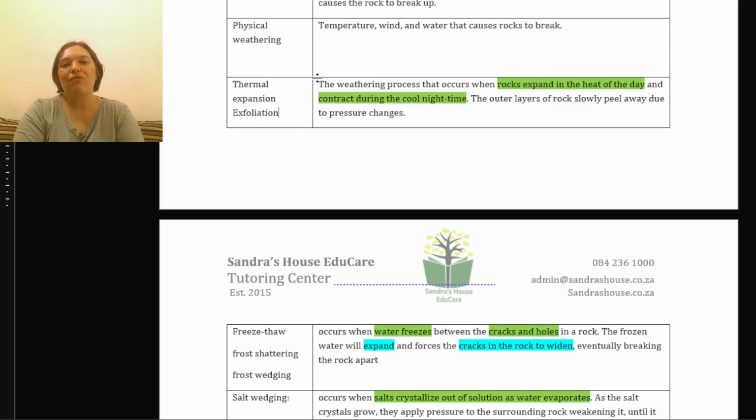So here we have the weathering process when rocks expand in the day and contract at night, and that action of expanding and contracting makes the rock weak, and then the outside layers start peeling away, and that's called exfoliation. So thermal expansion causes exfoliation.